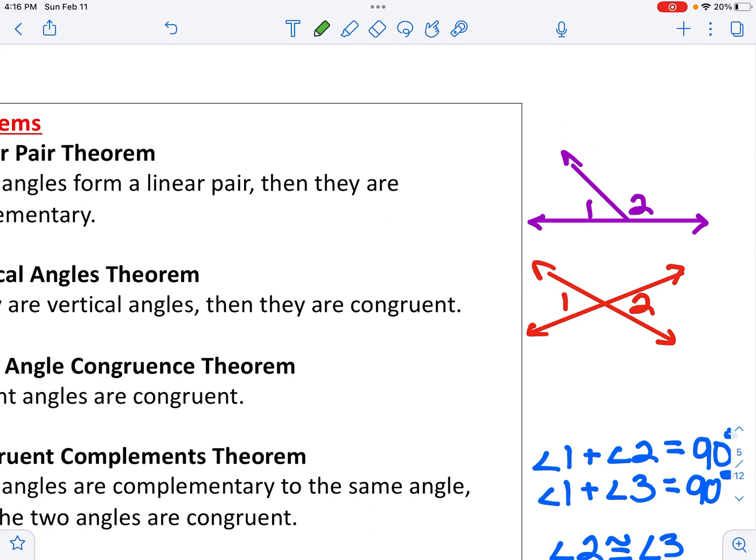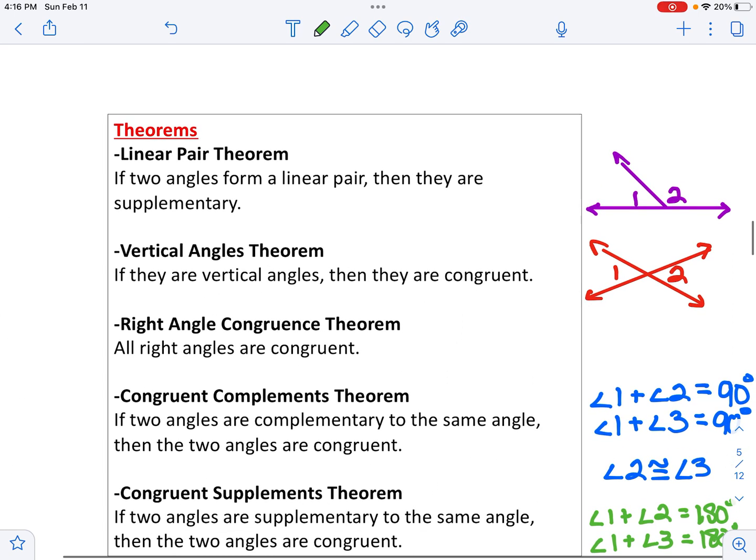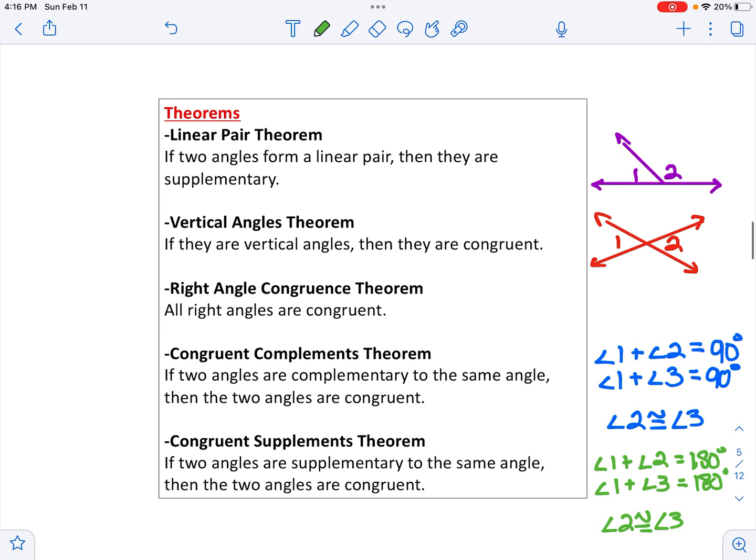They have to add up to 180. So we know that already. Vertical angles theorem, those are two angles that are across from each other. They are always congruent. And it should make sense to you. Right angle congruence theorem just simply says all right angles are congruent, because they're always 90 degrees.